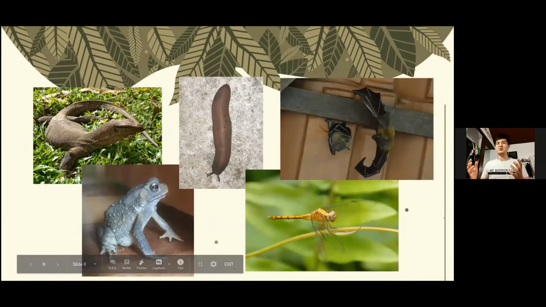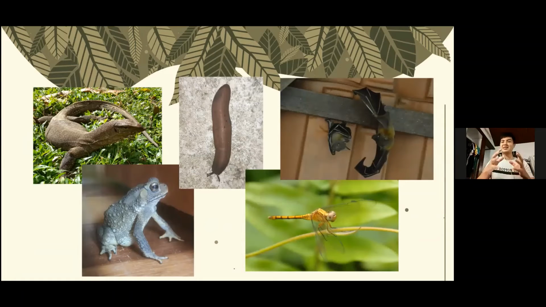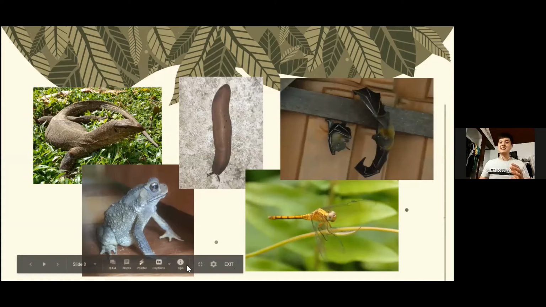This will be food for a lot of animals. I mean, it's food for some humans as well, but it can be food for birds of prey like eagles or other bigger animals, or even snakes. So these are some of the wildlife that you can see in your garden.